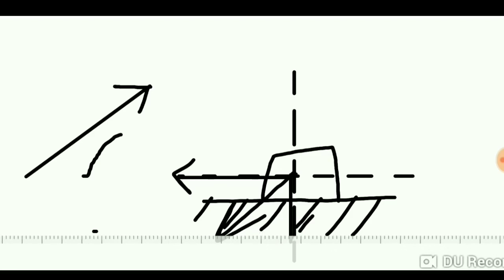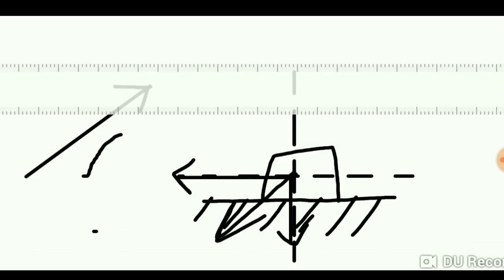The component acting on the y-axis, that is towards the wall, will be wasted, right? It won't have any effect, it won't displace the box. What we need is to displace the box, so we're going to take this force. Now we'll see how to get them differentiated into these two components.